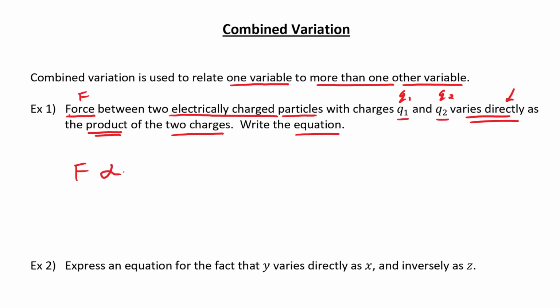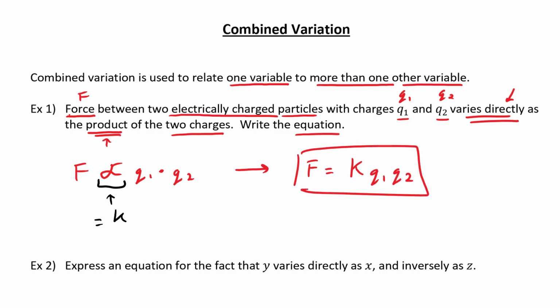Force is directly proportional to the product of Q1 and Q2. We can then turn that into an equation by replacing our proportionality symbol with equals our constant of proportionality. Force is equal to K times Q1 Q2. You can see here the relationship between the force and the charges on two particles.